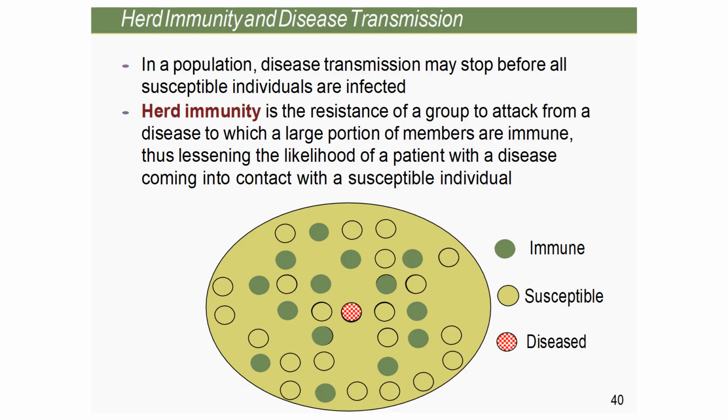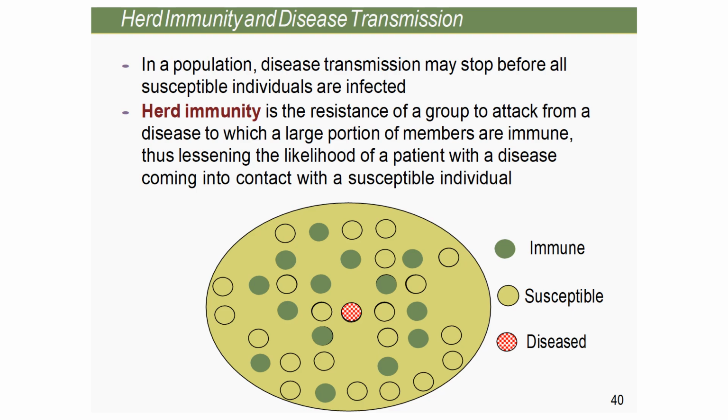If we look at this graph here, or figure, the green dots are people who are immune. The yellow dots are people who are still susceptible. We have one person with the disease.